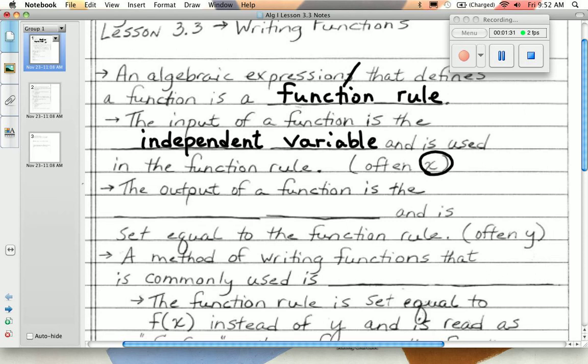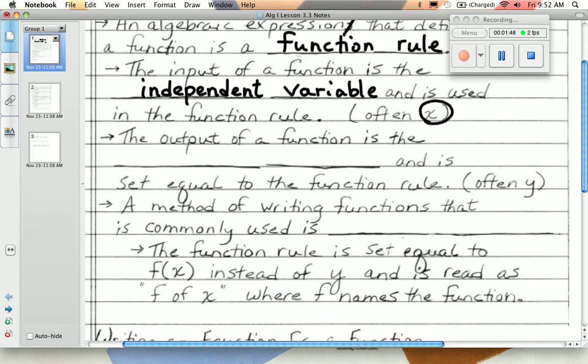If we're using x and y, for sure we use x. If we're using a different variable, like a and b, then we have to state that a is the independent variable and b is the dependent. But typically, especially if we're going to graph it, the independent variable is x. And the output of a function is the dependent variable.